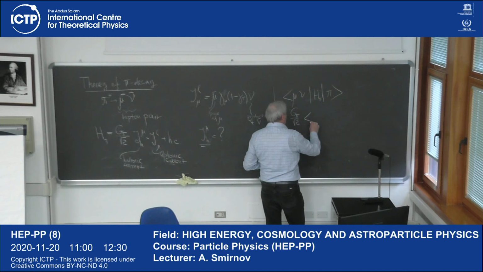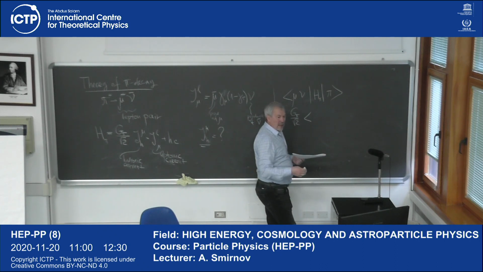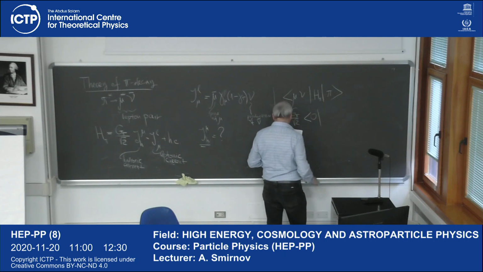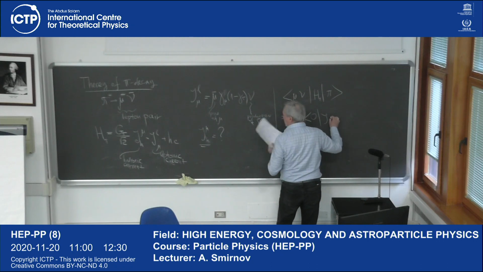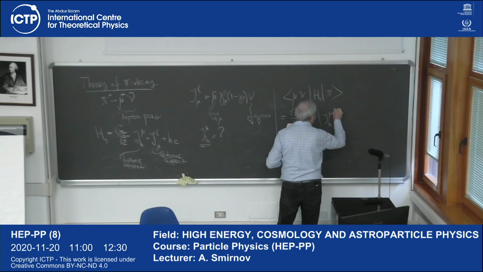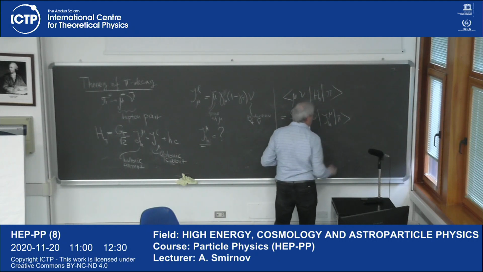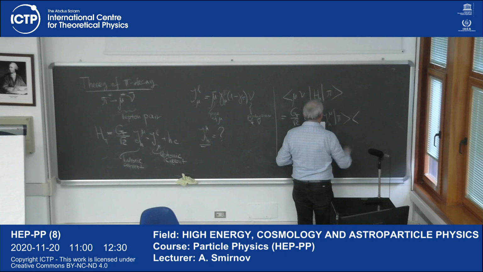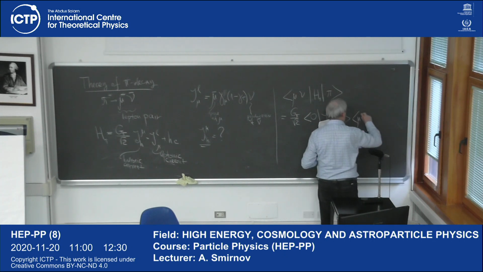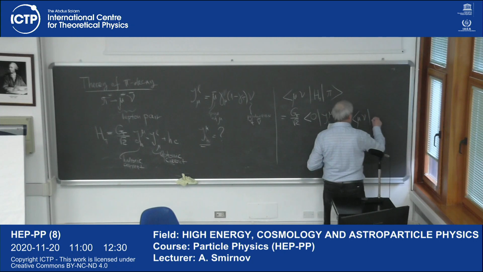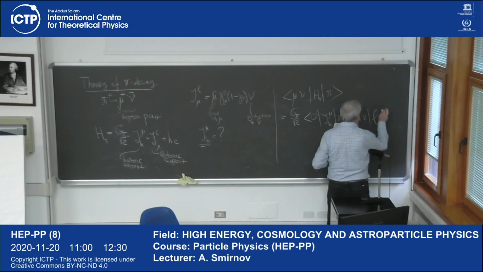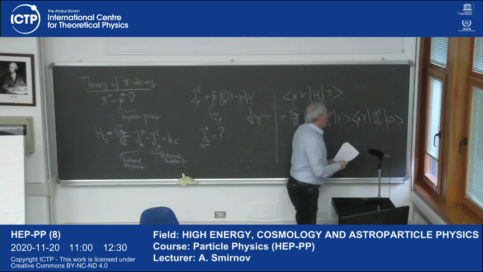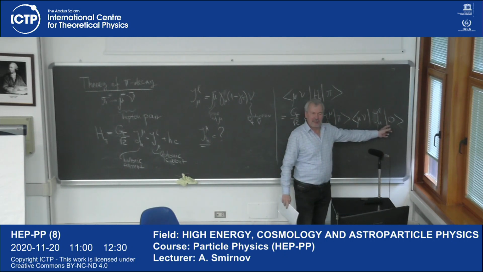So, the hadronic part. In the final state, I have no pion. I have no other particles apart from two leptons. So I put here 0, and I put here this current, and the initial state is the pion. Then I have the muon and neutrino, and here I put the leptonic current, and this is 0. So, in the initial state I have no leptons, right?